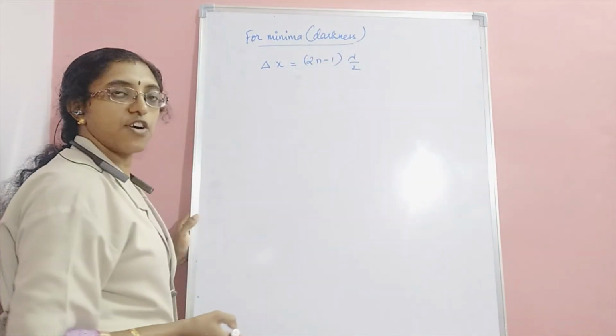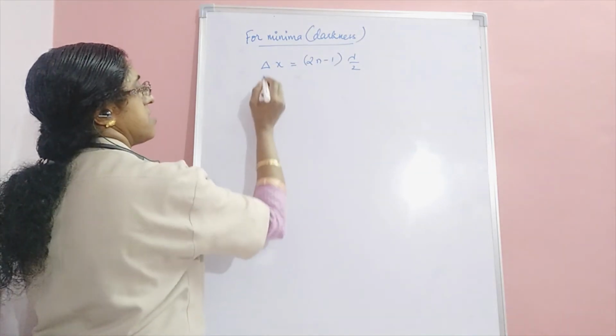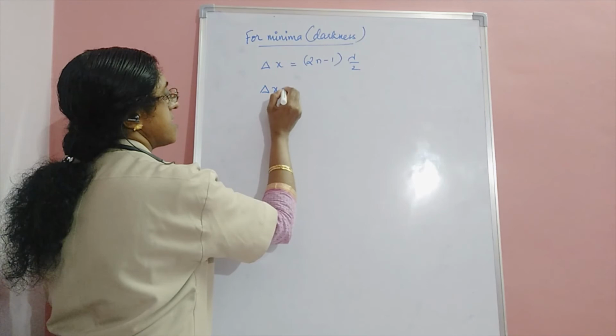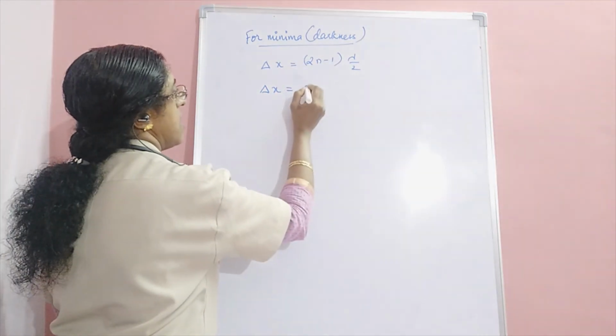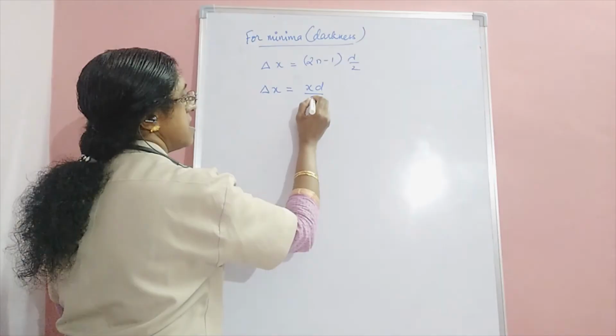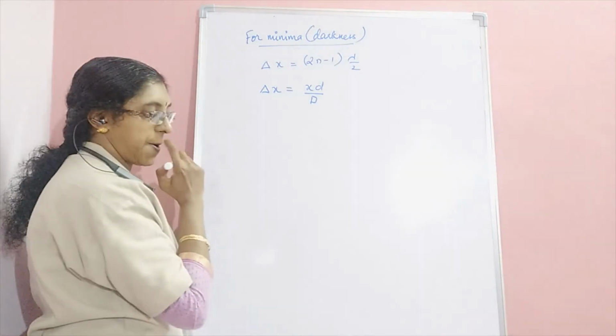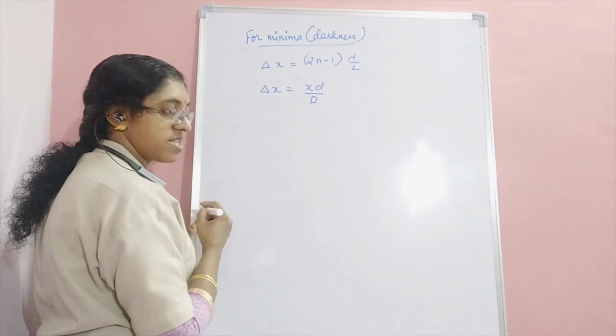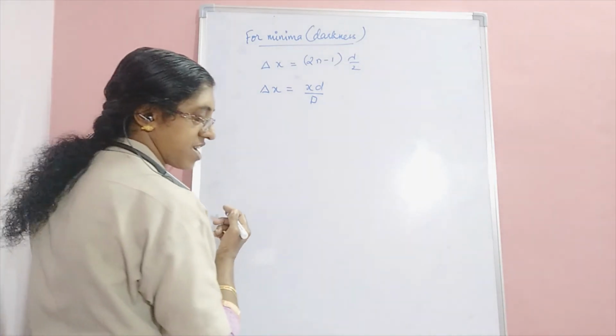This is the condition for darkness. As you had already derived, delta x is equal to xd by capital D. Now, I will find out the fringe width in case of a dark fringe.